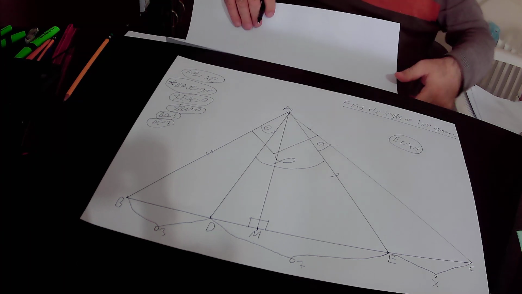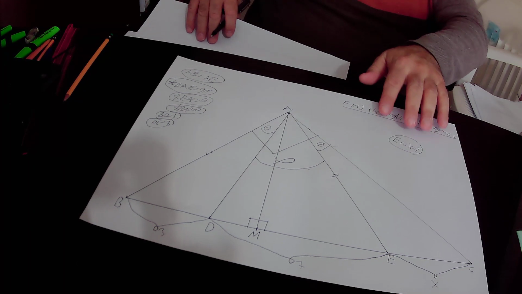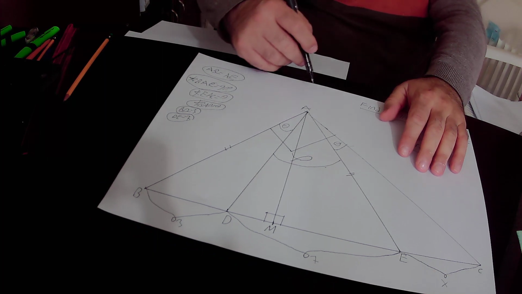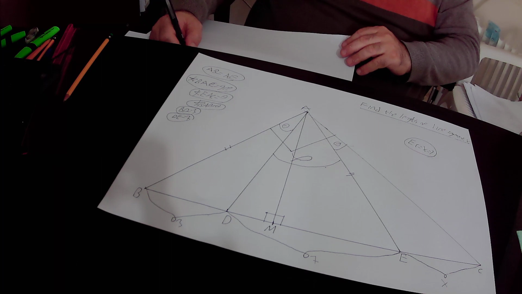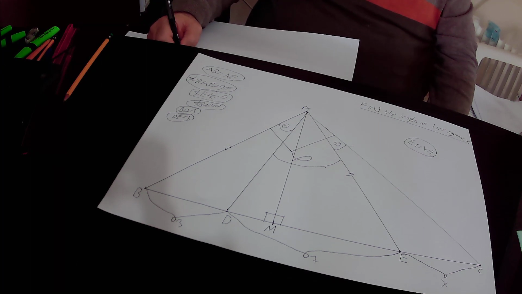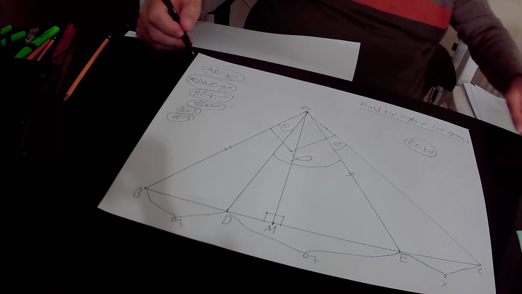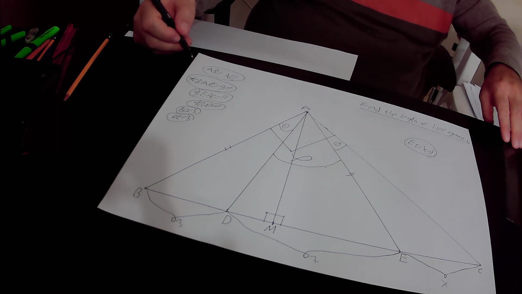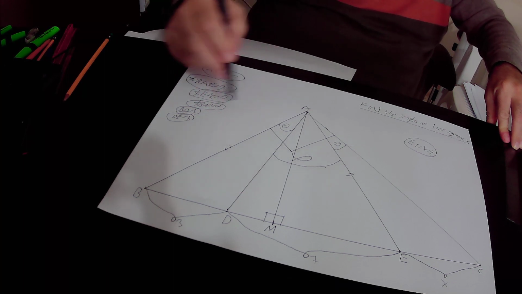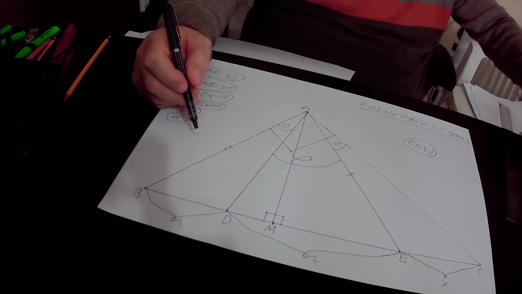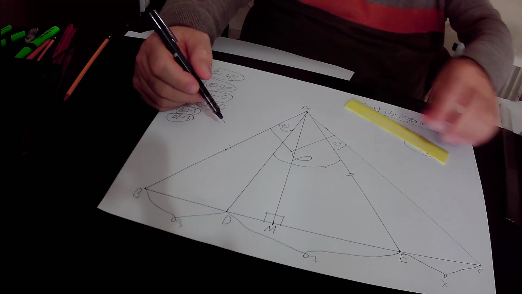In the next step, we will calculate the areas of triangle ABD and triangle ADE in a different way. So now we will take the base of the triangle ABD as AB, and the height to the base must create 90 degrees with the base AB. So from point D we will draw a perpendicular to AB.